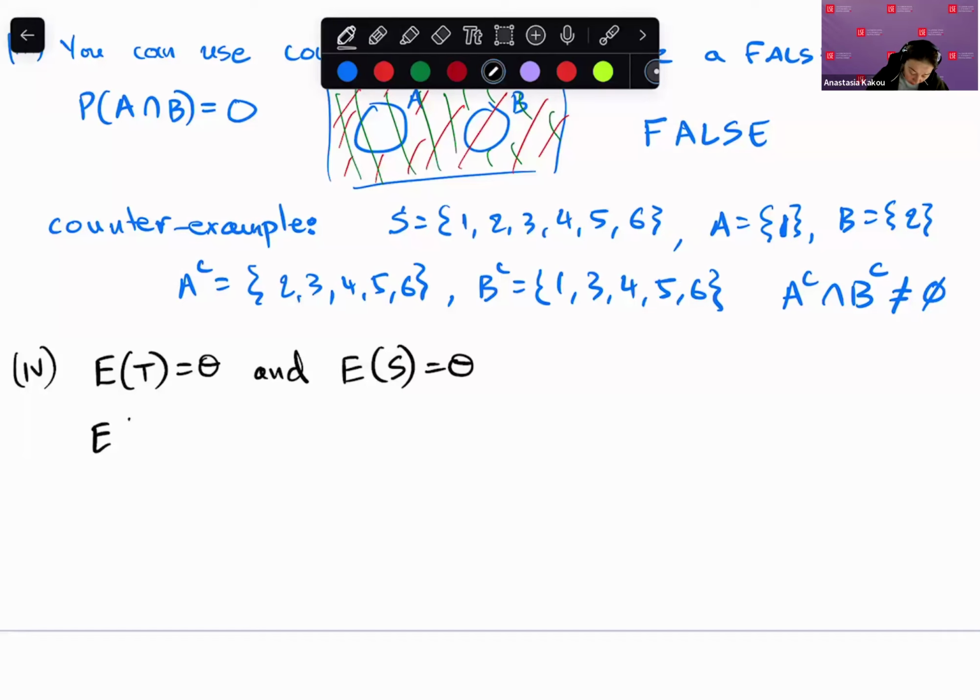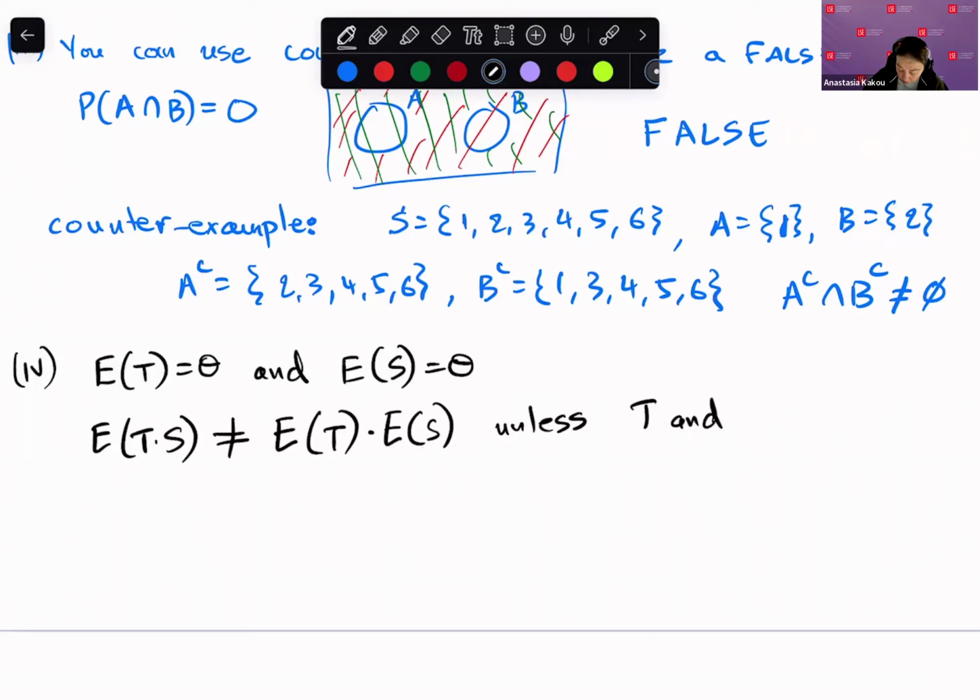However, the expected value of the product of two random variables is not equal to the expected value of T times the expected value of S. This is generally not true unless T and S are independent. In this case, there is no such statement, so we generally say that the statement is false.